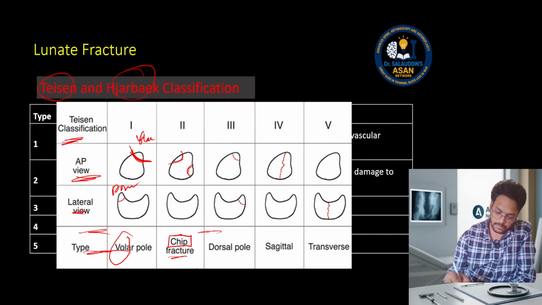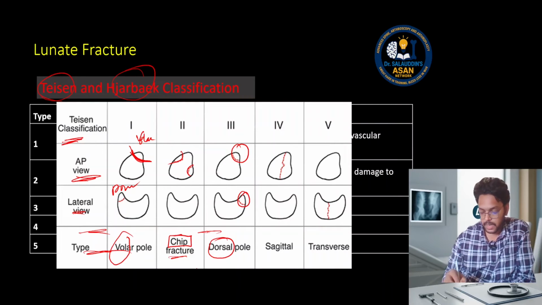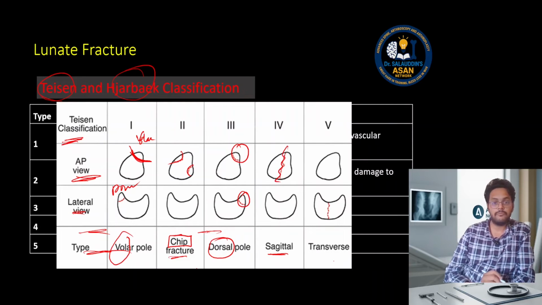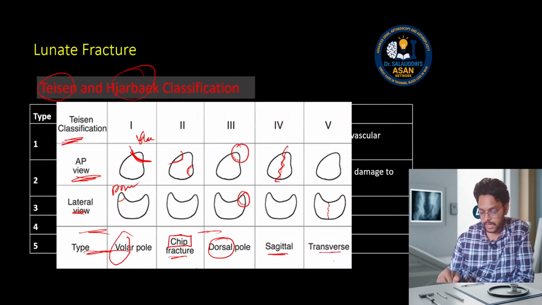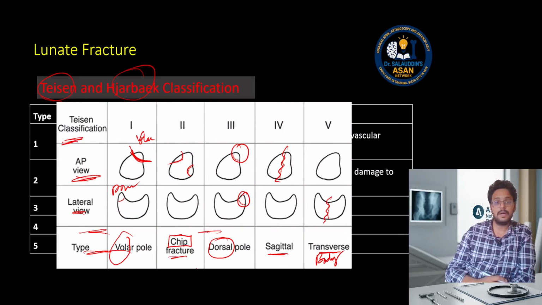Then a dorsal pole fracture is a type 3. When the fracture occurs in the sagittal plane, then it is a type 4 fracture, and if it is occurring in a transverse body fracture, it is type 5 of lunate fracture classification. Okay.